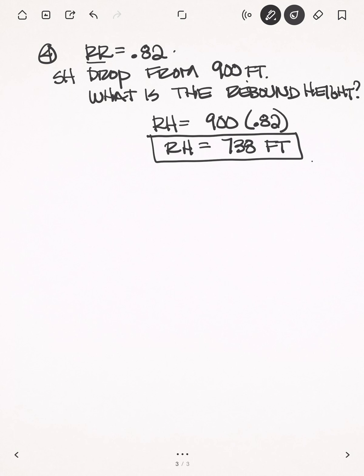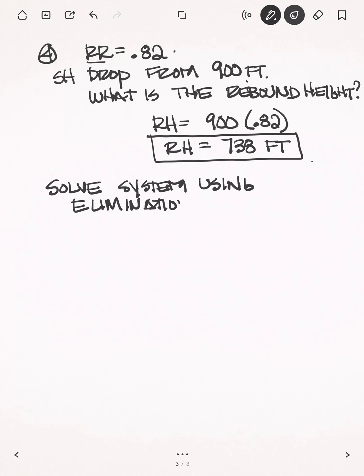Okay, moving on. We're going to solve the system using elimination. Now you guys had a little bit of trouble on this on the last test, so I definitely wanted to go over this again. Some of you are doing great on it, but some of you are having a little bit of trouble.